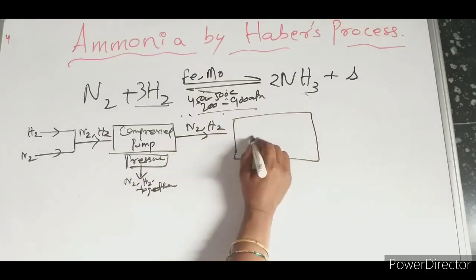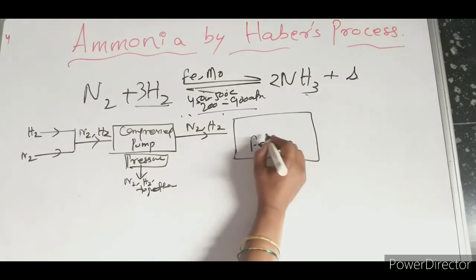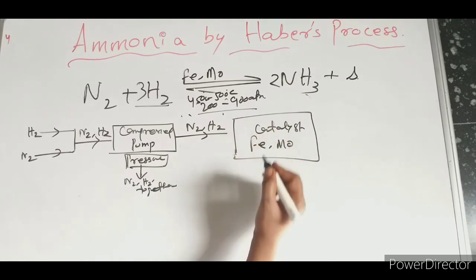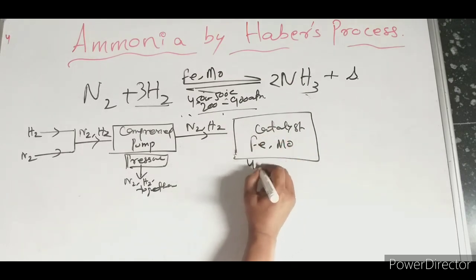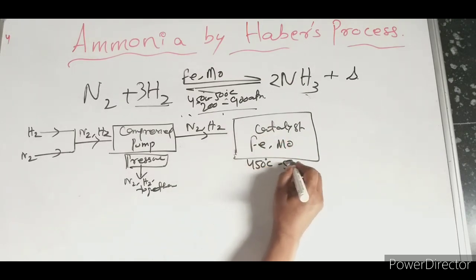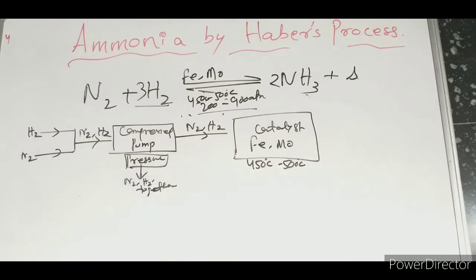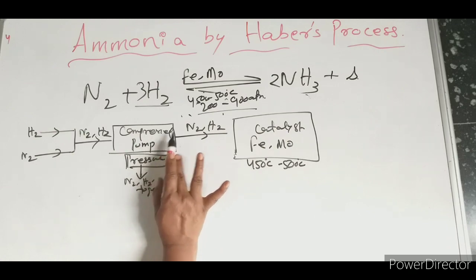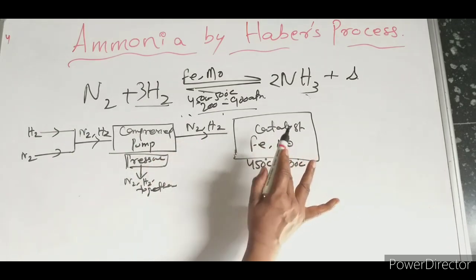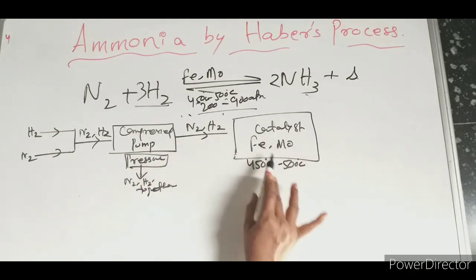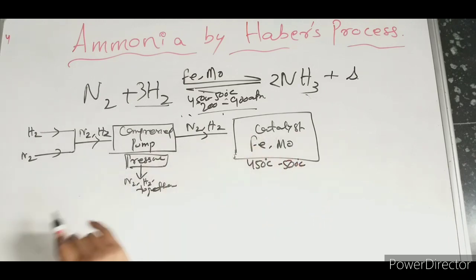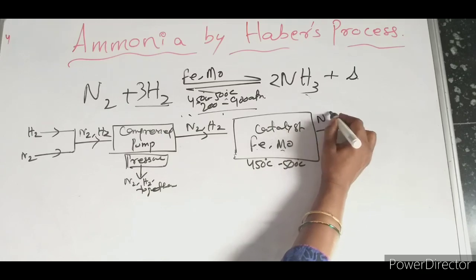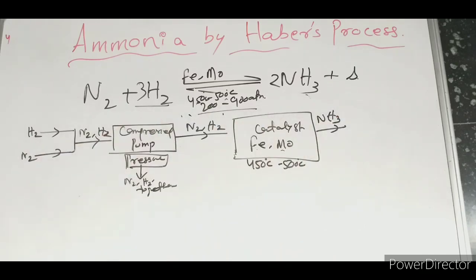The catalyst here is Fe, Mo. And since it is electrically heated, the temperature will be 450 to 500 degrees Celsius. So now the gases under this high pressure proceed towards the electrically heated catalytic chamber. In the presence of Fe and Mo, we now get ammonia.